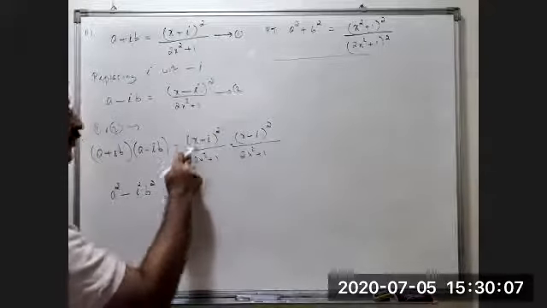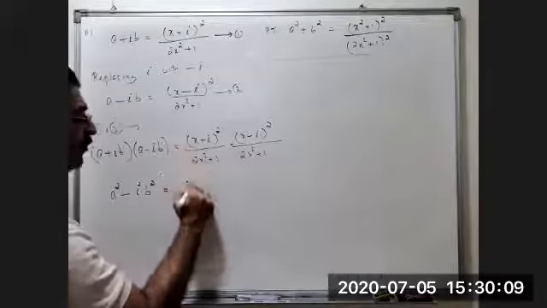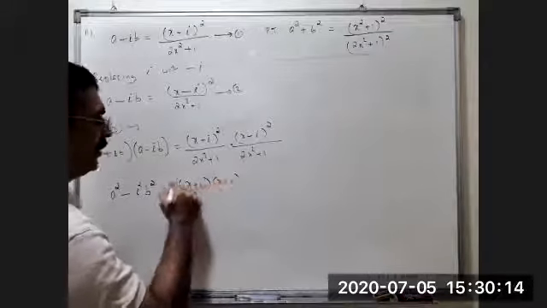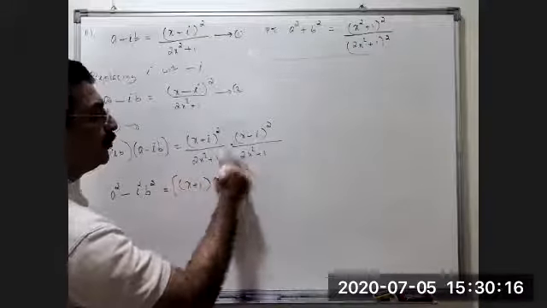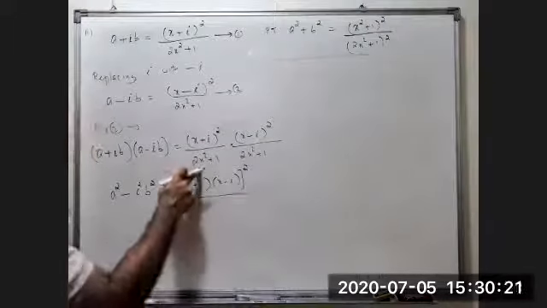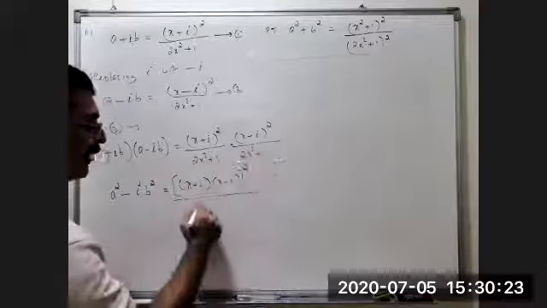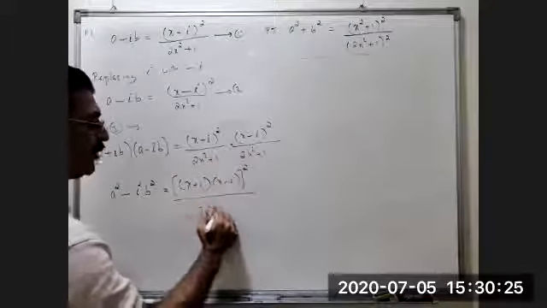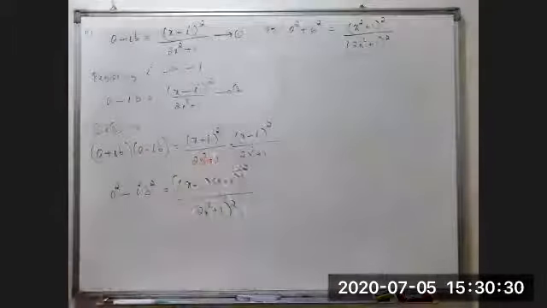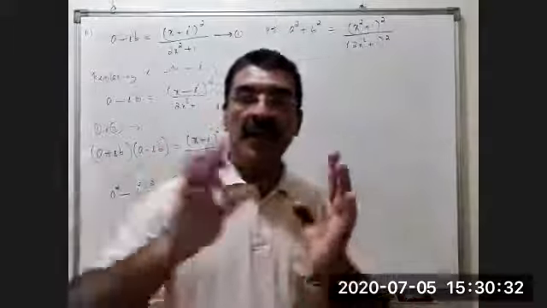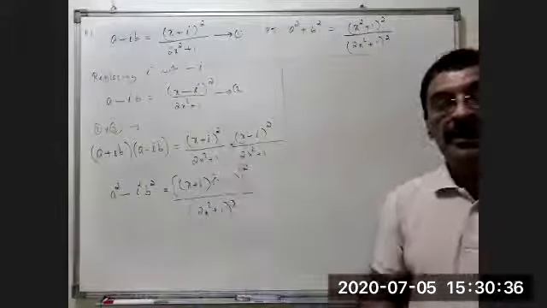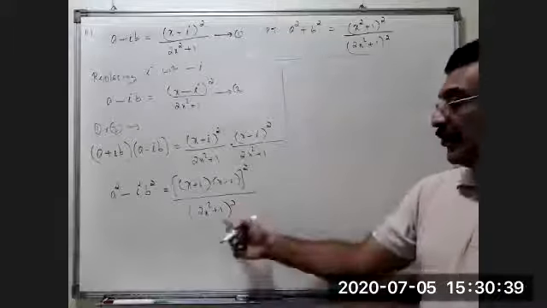So this is (x + i)(x − i), the whole squared, since we have taken the square common, divided by (2x² + 1) multiplied with (2x² + 1), which is (2x² + 1)². If any quantity is multiplied by itself, we call it the square of that number.